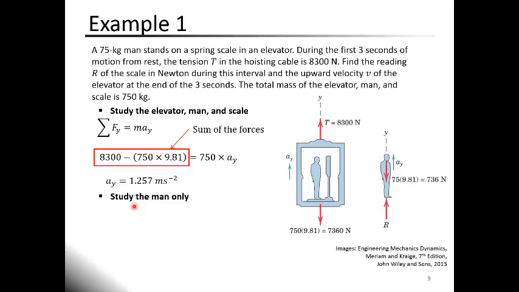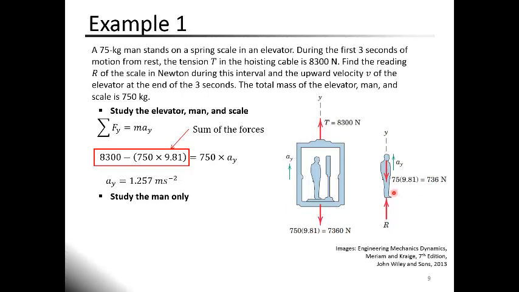It was required to find the reaction force, or the reading on the scale. So if we start to study the person himself, what are the forces applied to the person? We have the reaction force between the feet of the person and the scale, and we have the weight of the person. The person was 75 kilograms. If we multiply this by the gravitational acceleration 9.81, this gives us 736 newtons.